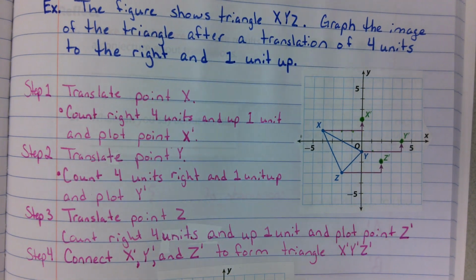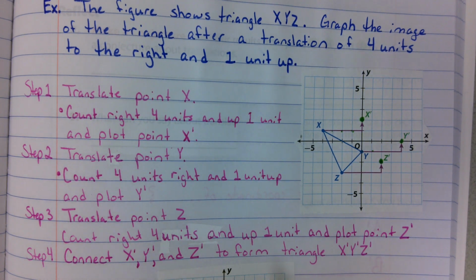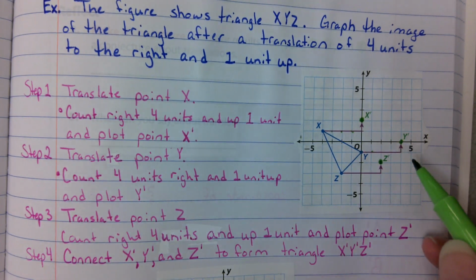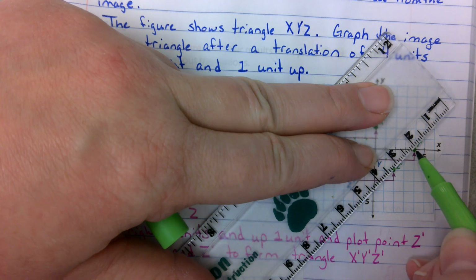Our next step, we're going to connect X prime, Y prime, and Z prime to form our triangle X prime, Y prime, Z prime. So let me use a straight edge here.